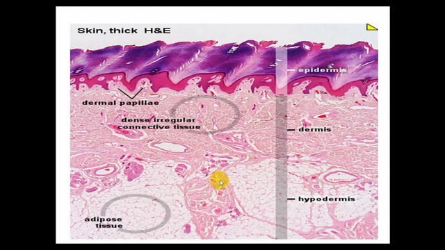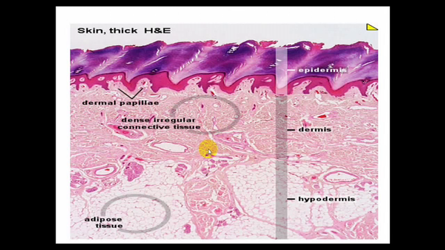Reticular layer. The interface between the papillary layer and the reticular layer of the dermis is not clear even under the microscope because they strongly interdigitate.